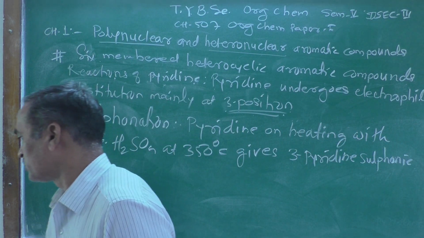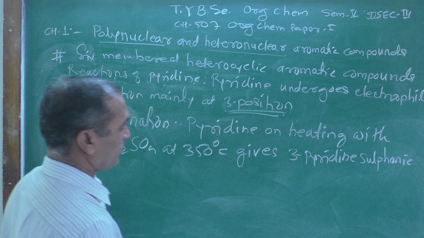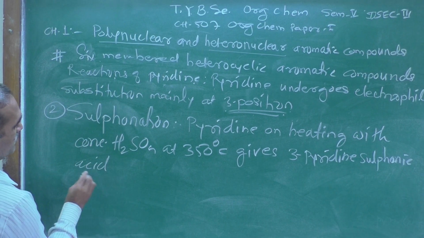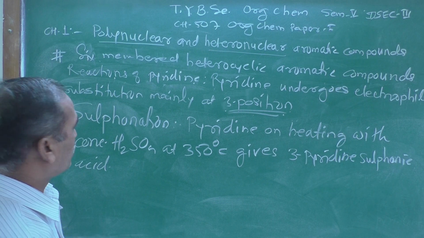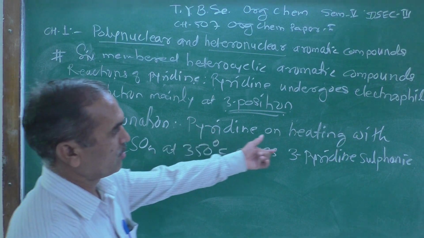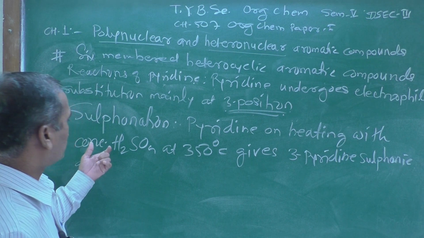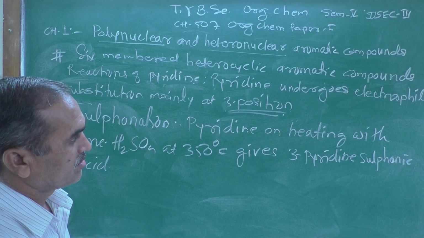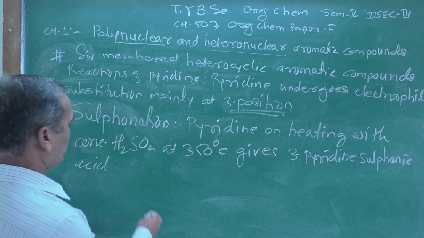This is the product formed. Look at here, pyridine on heating with concentrated H2SO4 at 350 degrees centigrade gives 3-pyridine sulfonic acid.